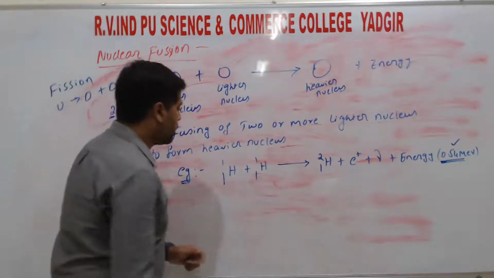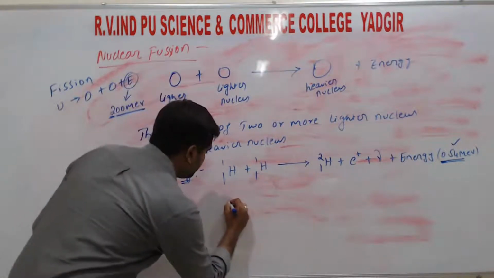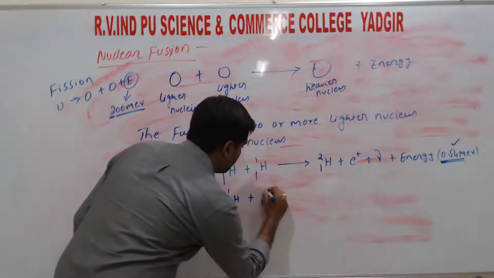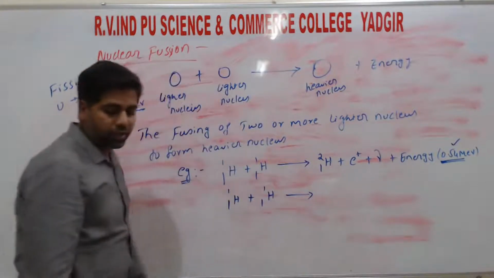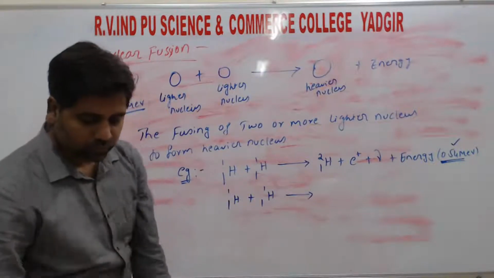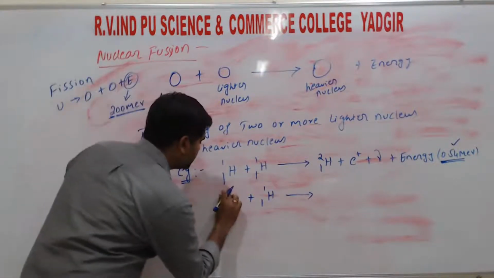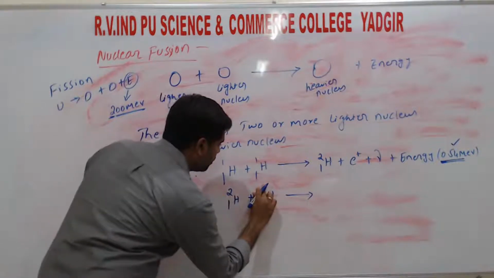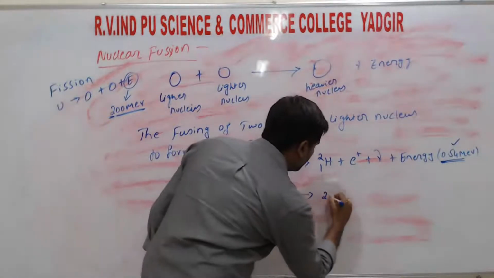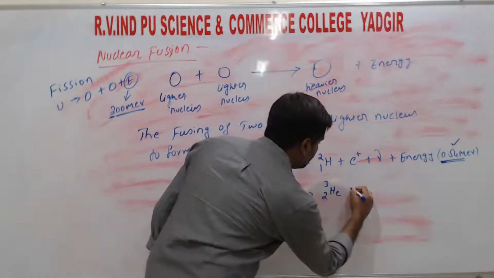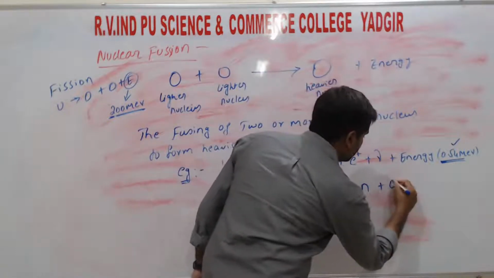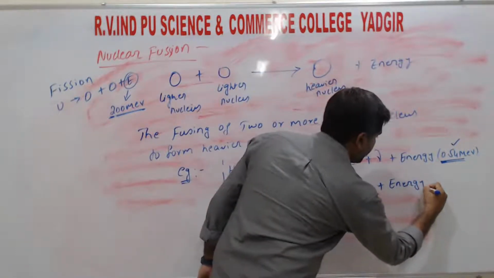If we take one more example, it is 1H2 along with 1H2. Here we are getting 2He3 plus one neutron plus energy.